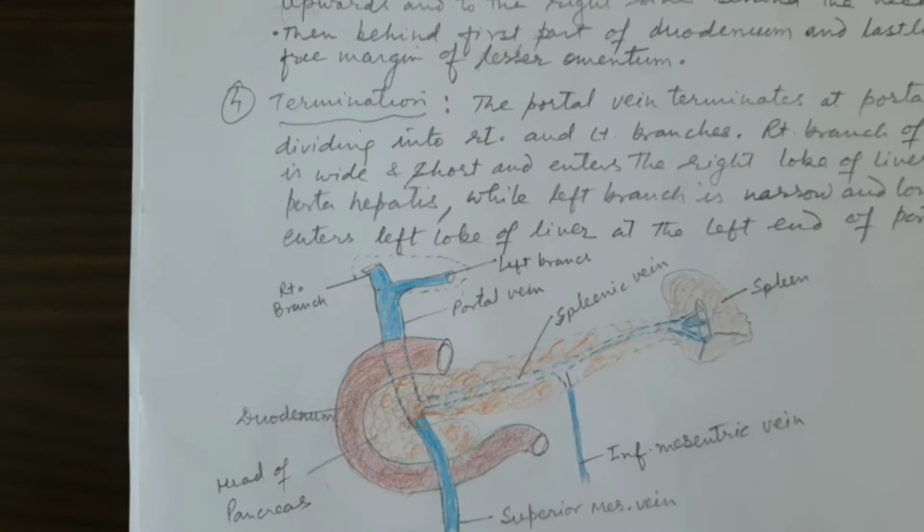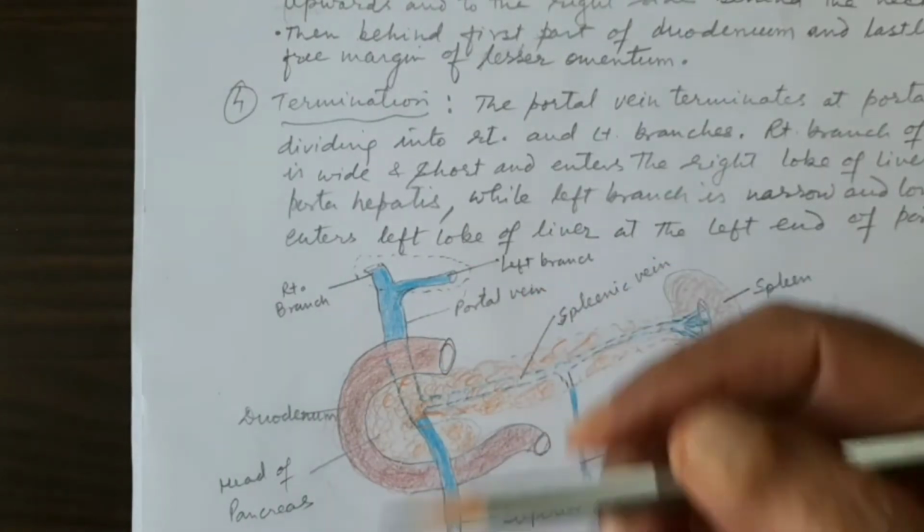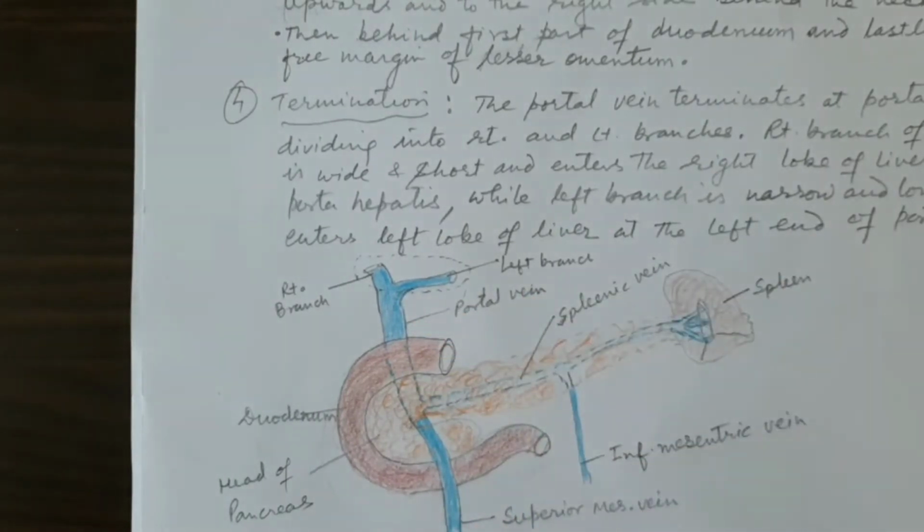So the portal vein here in the supraduodenal part is forming the posterior boundary of the epiploic foramen, or foramen of the lesser sac, or aditus to the lesser sac.